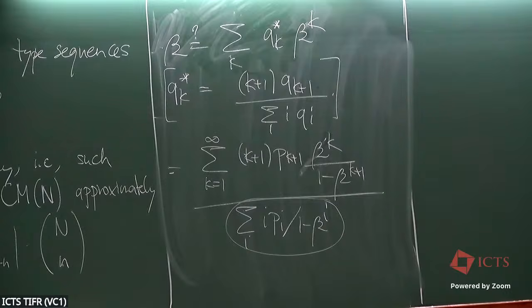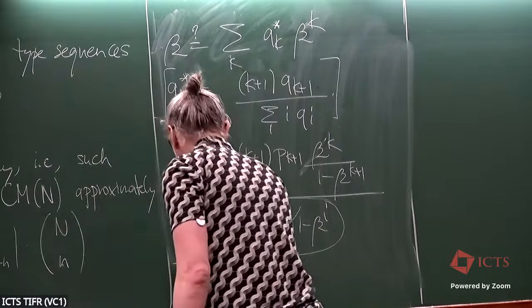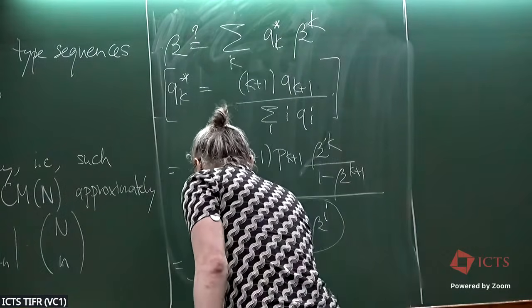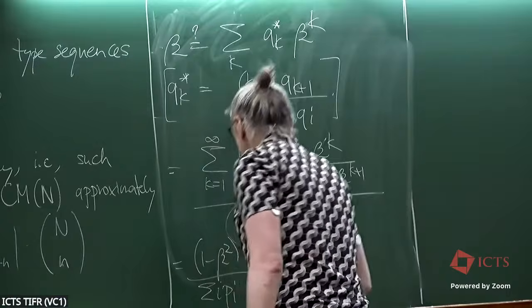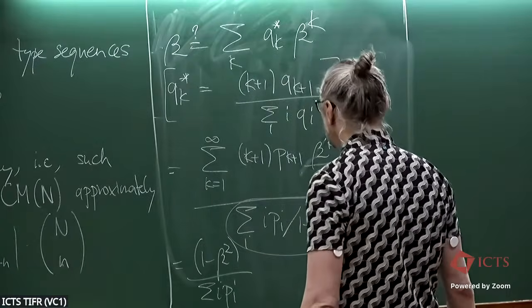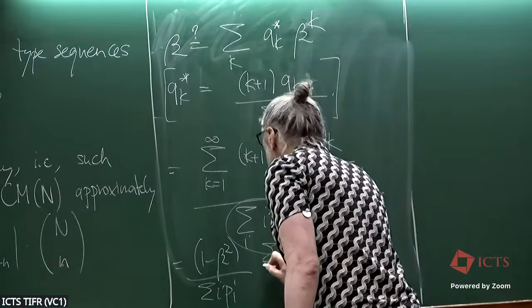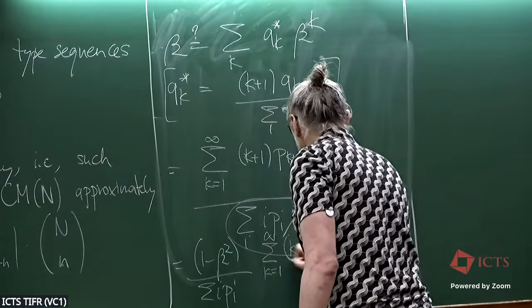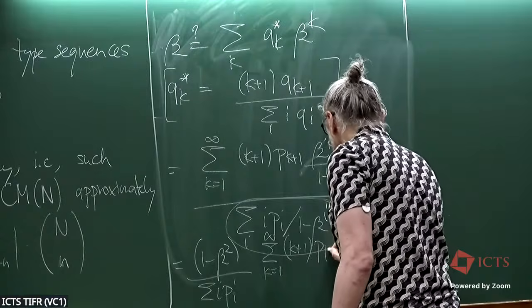Okay, so that is 1 over 1 minus beta squared times this beast. So it has a 1 over 1 minus beta squared, so I might as well put the 1 minus beta squared here. And then I divide through by sum over i pi. And then here I have the sum from k is 1 to infinity, k plus 1, pk plus 1.